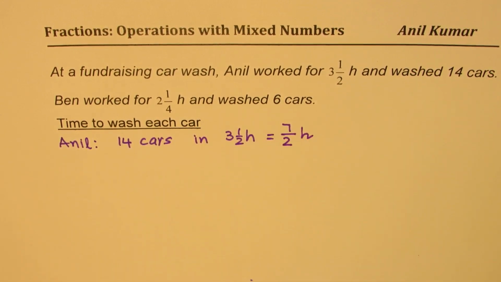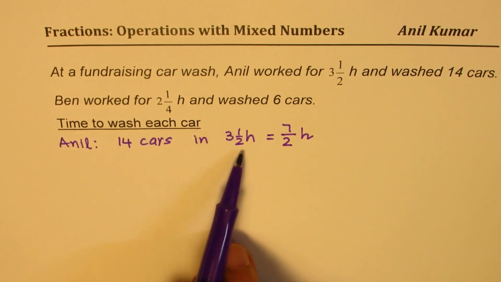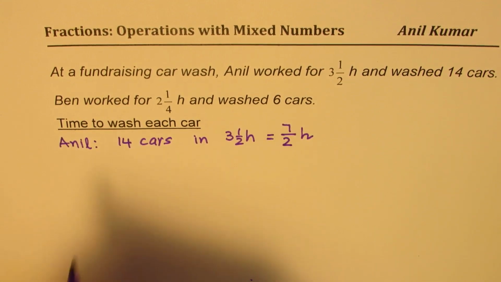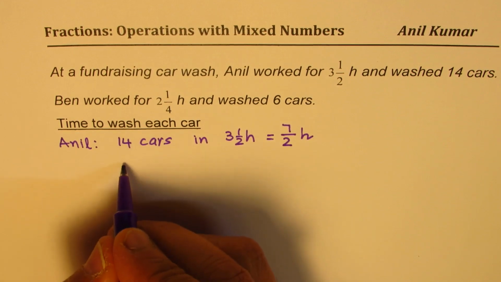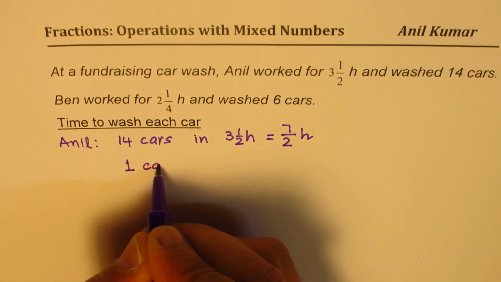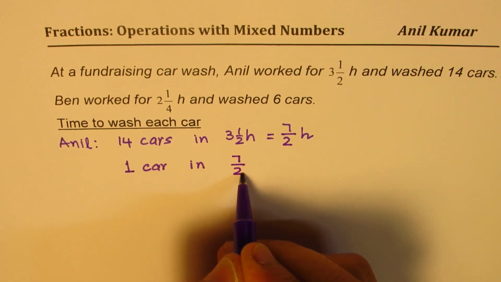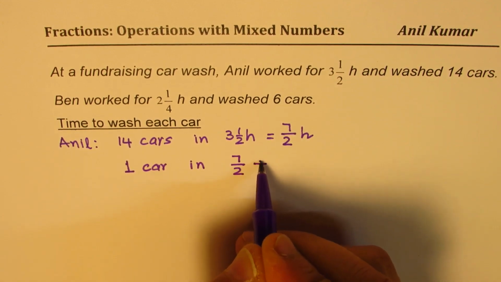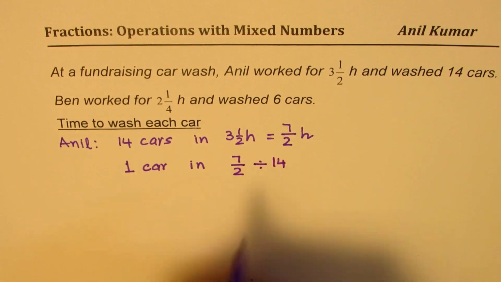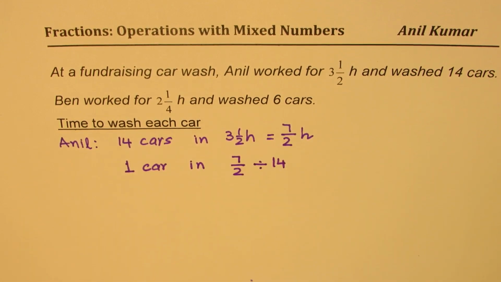Is that clear? So 14 cars in 3.5 hours or 7/2 hours. When we say each car, it means one car in how much? So one car in 7 over 2 divided by 14. Clear? That much time Anil is going to take to wash each car.